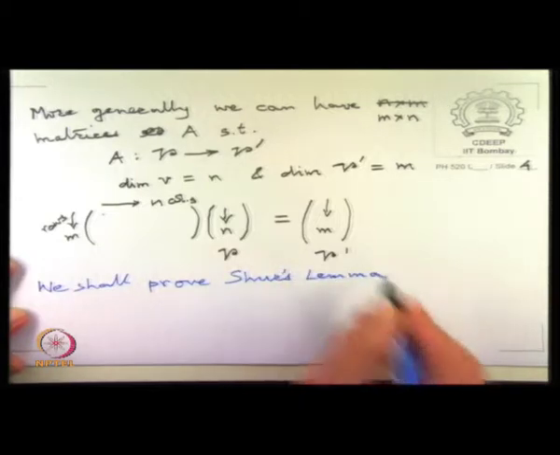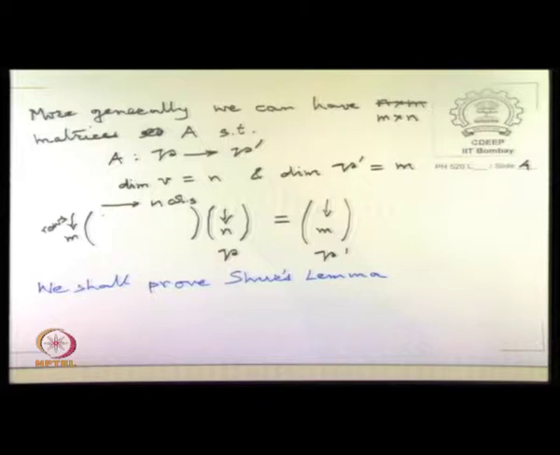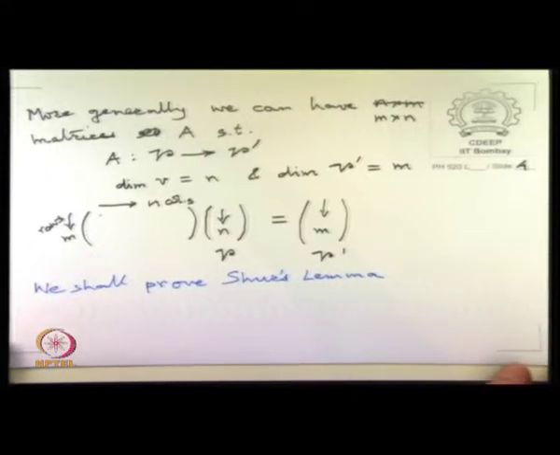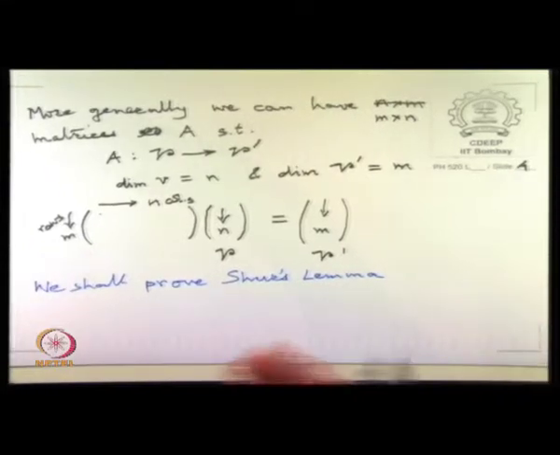Actually, it is such an interesting thing that it is a theorem by itself, but you will see later why it is called lemma, because Schur proved it on the way of proving something much bigger.